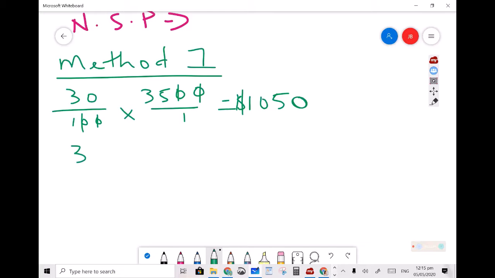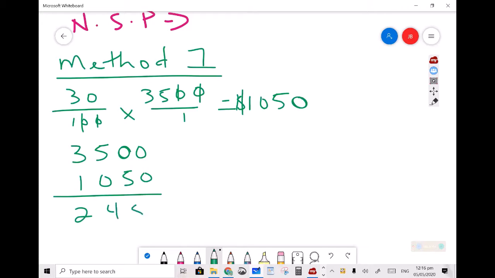Our final answer for new selling price would be 3,500 minus 1050, and we will get $2,450.